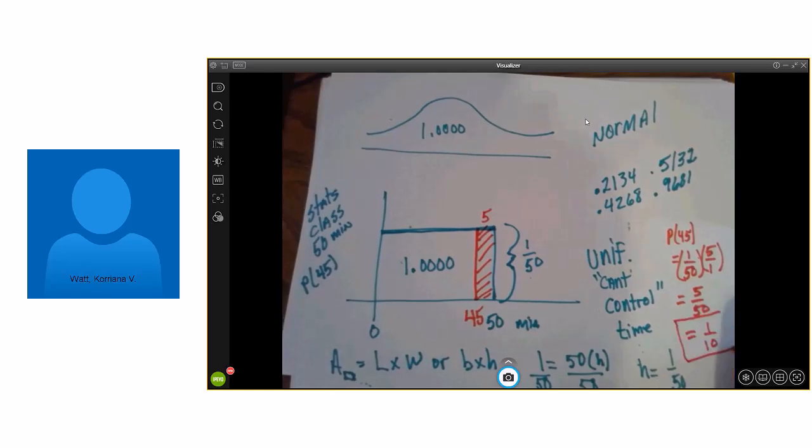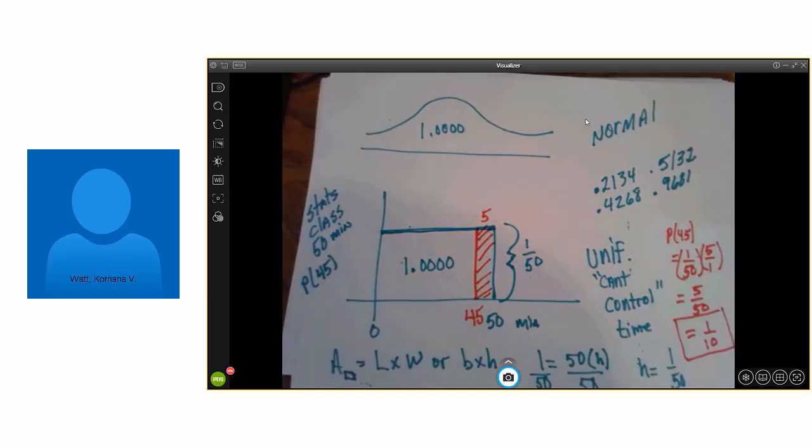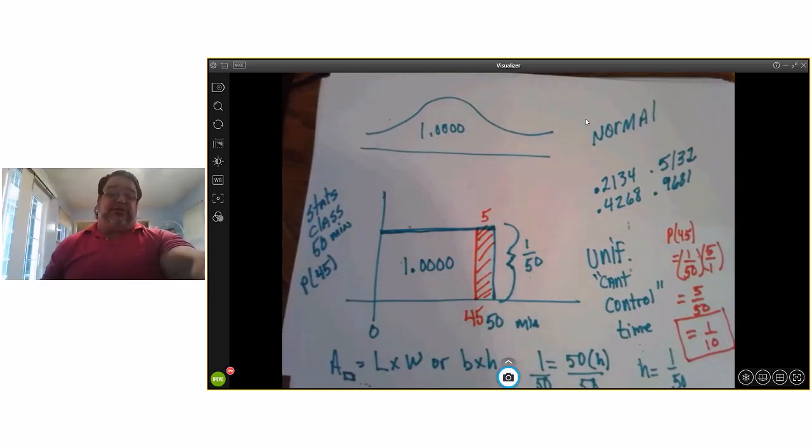So you've got a 10% chance, or 0.10, that the class will last over 45 minutes. Which means you got a 90% chance that the class will last at least 45 minutes.